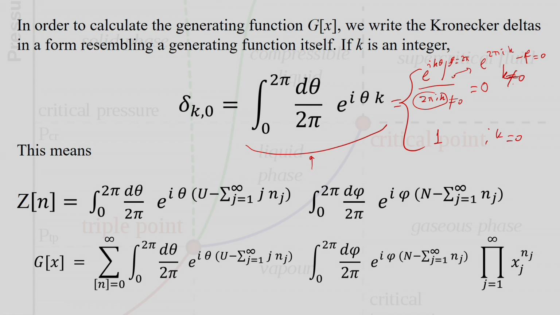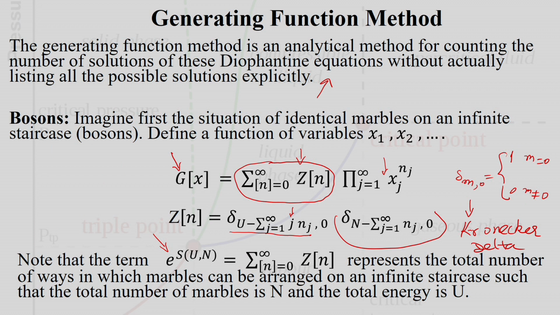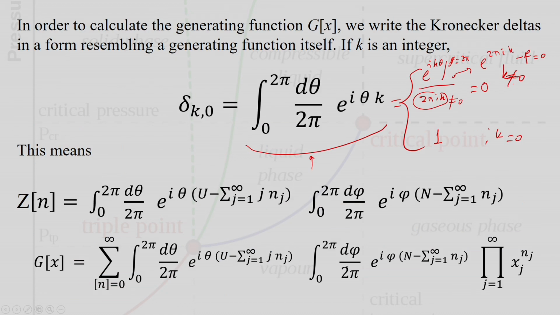So, now I am going to use this trick to rewrite my constraints. If you recall, the constraints involve the Kronecker delta with respect to the energy here and the Kronecker delta with respect to the number of particles. So, I am going to rewrite that as an integral representation over say, two angles like theta and phi.